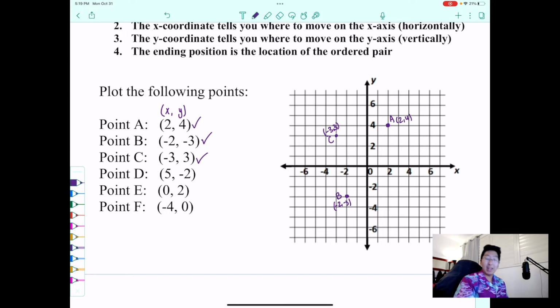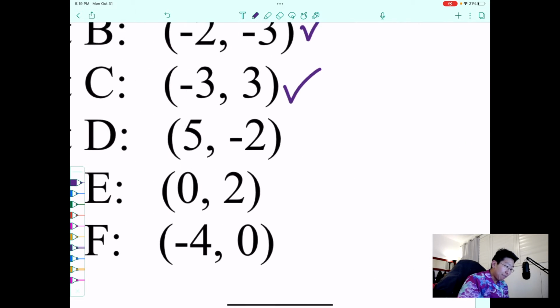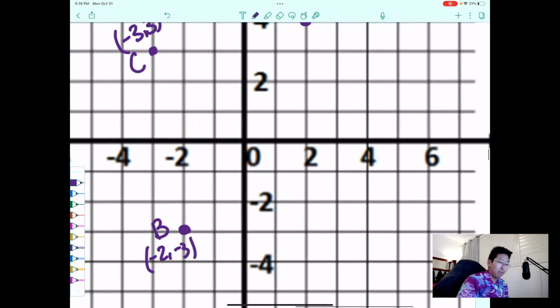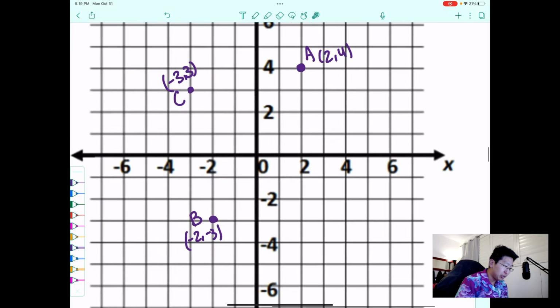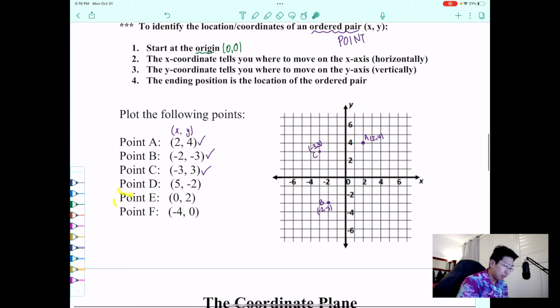Next point we have to plot is D, (5, -2). So I'm going to go find 5 on the x-axis. Remember, our x-axis is the one that goes left and right. If we think about elementary school, we've always used the x-axis. The y-axis is new. Okay? And so the point is (5, -2). If you forget, it's right here. (5, -2).